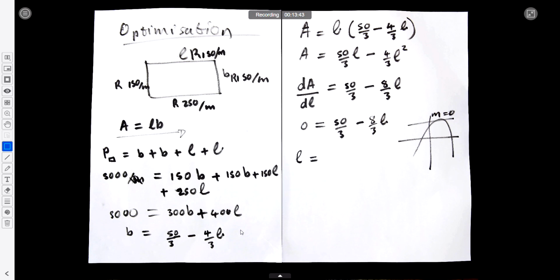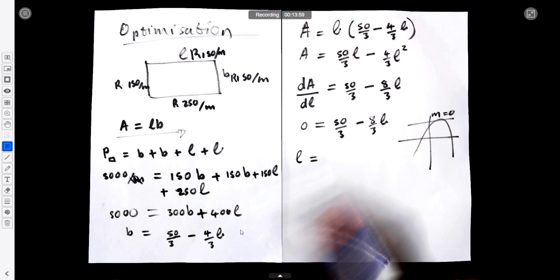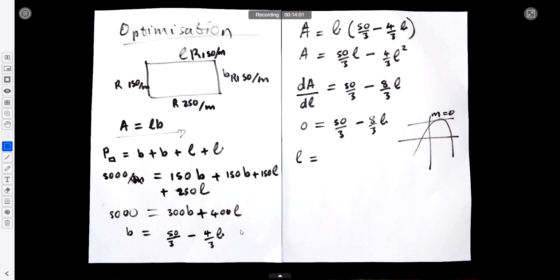So divide 50/3 by 8/3, which is going to be 50/8. So take 8/3 to the other side and divide by it to get L. So I'm getting 50/8. 2 goes into 50 twenty-five times, and into 8 it goes 4 times.